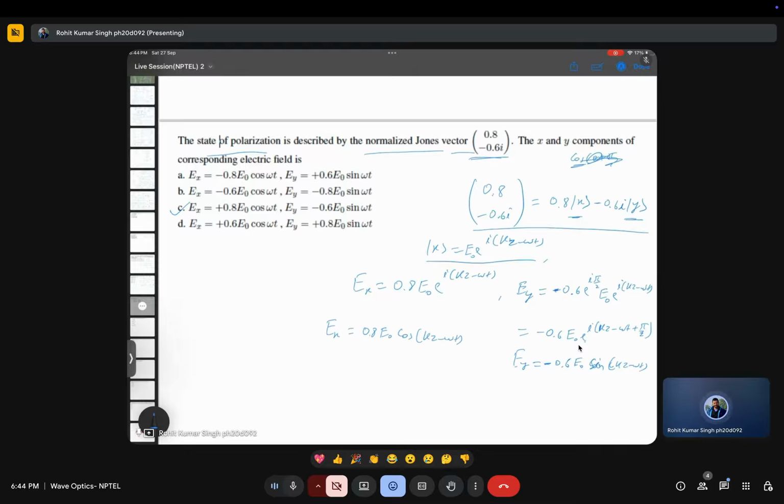So you may ask why you inserted E naught here. It is not given in the problem. Why did you insert E naught? Do you know why we have to insert E naught?